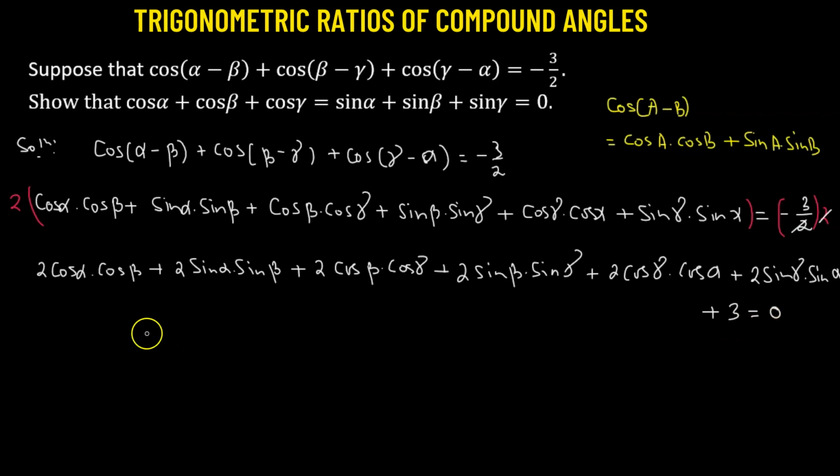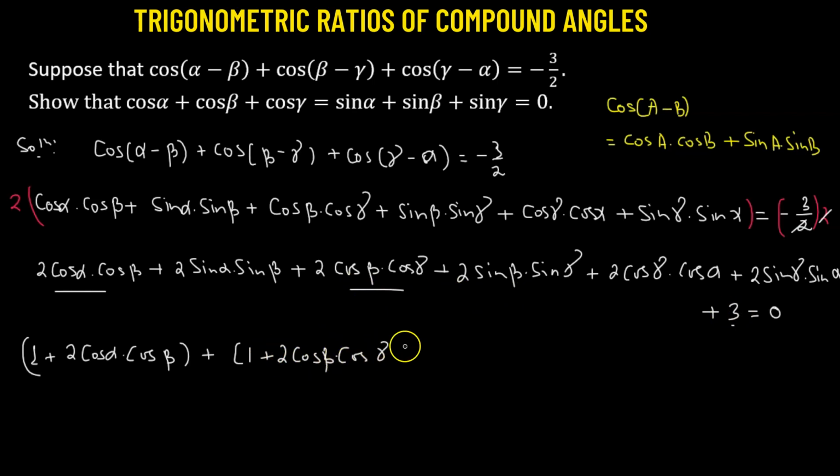Now, we are going to rewrite our expression. We can split this 3 into 3 parts. We'll consider the first term and add 1 to it, so we have 1 plus 2 times cosine alpha times cosine beta. This will be one particular term. Then we will take another 1 from this 3 and combine it with 2 cosine beta times cosine gamma.